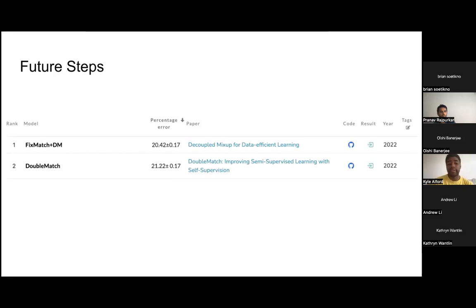I just thought that was interesting because this one actually came out prior to this paper. So FixMatch plus decoupled mix-up came out, I believe, in March of this year, and so has a lower percentage of error, which I was confused about since DoubleMatch stated state-of-the-art error rates for CIFAR 100. But yeah, I just thought that was interesting.